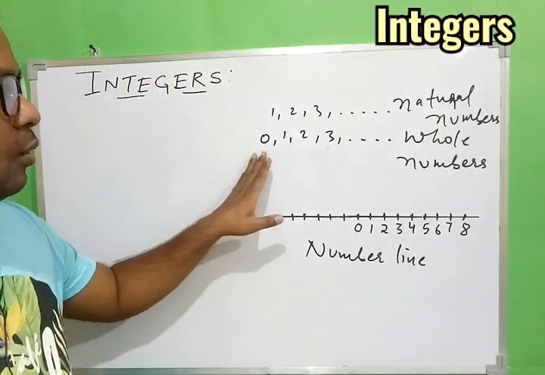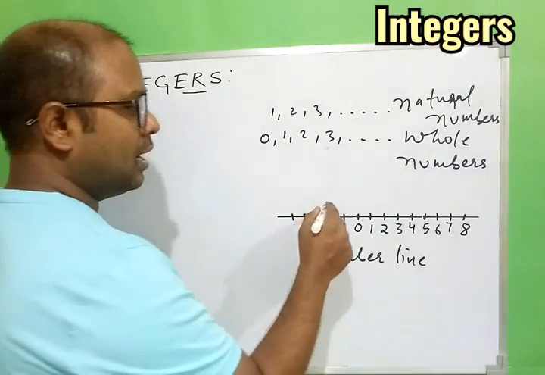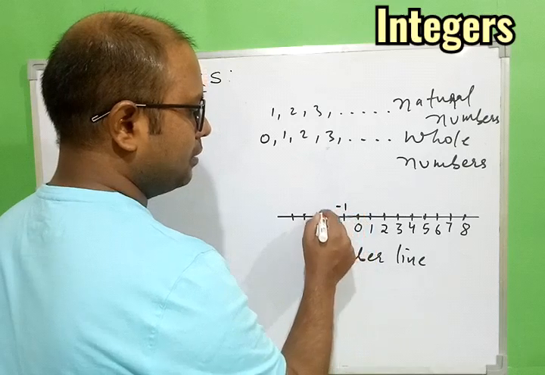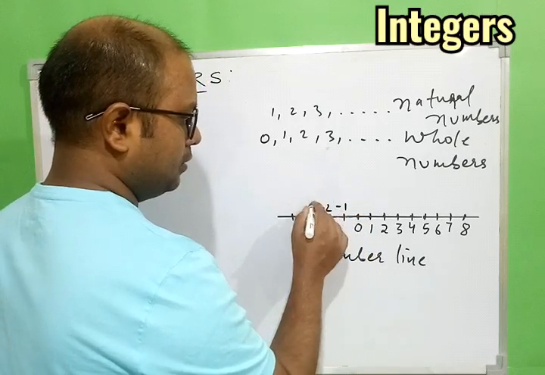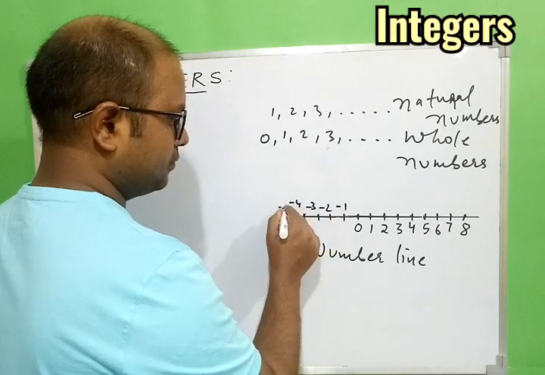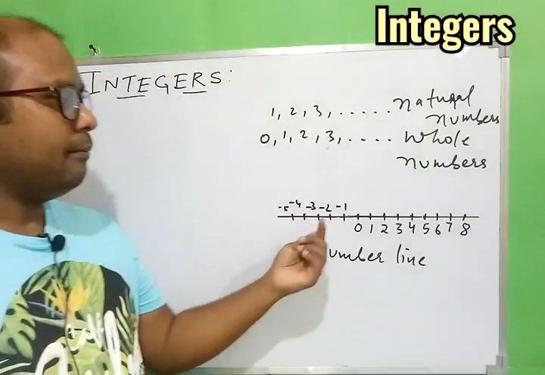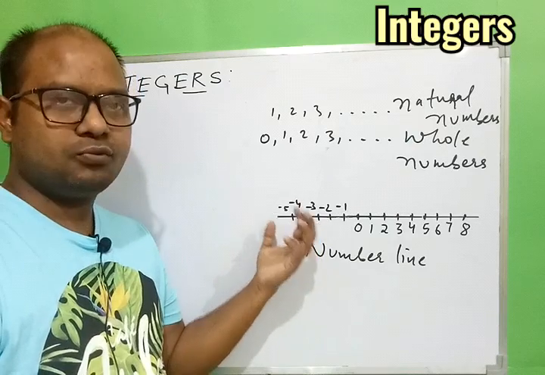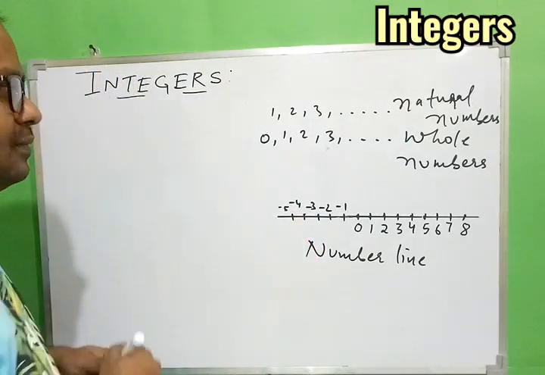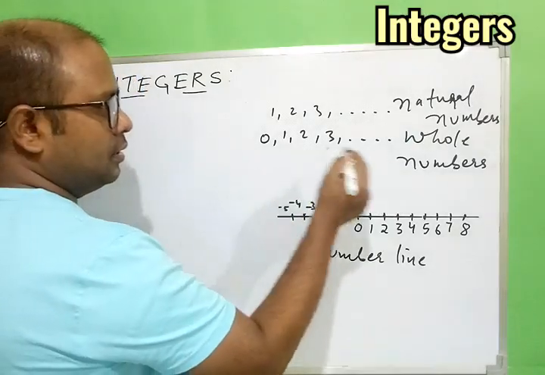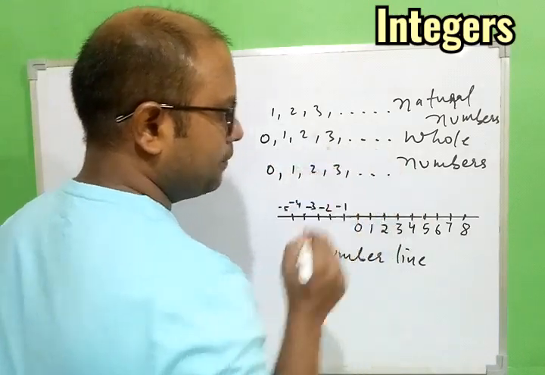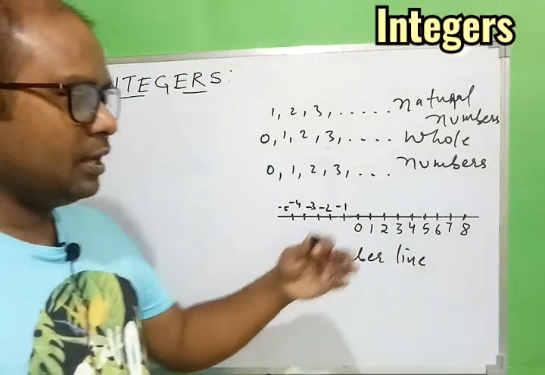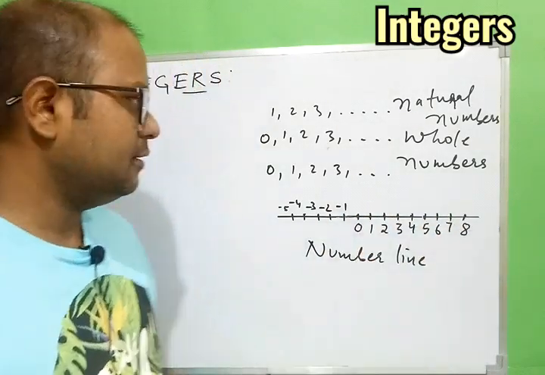Now along with this, if I add the negative numbers, that is -1, -2, -3, -4, -5 and so on, we have whole numbers already, that is 0 and onwards, on the right hand side.